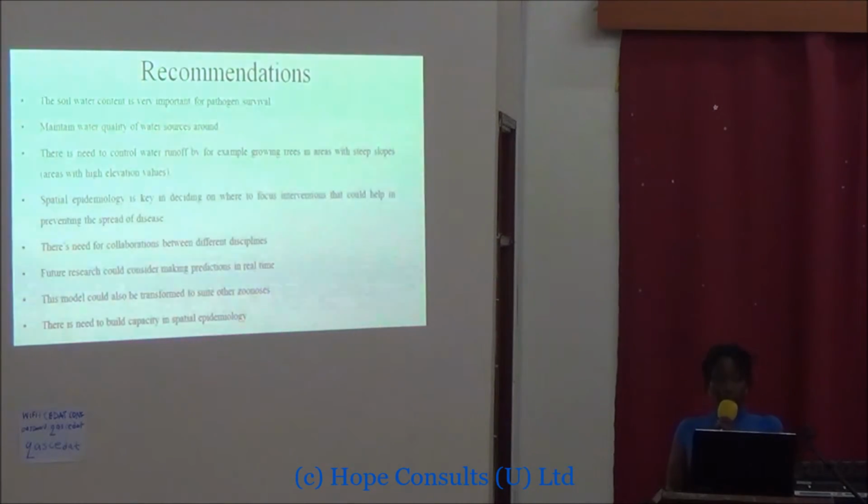There is need to make sure that the water that is used in the industries and the water that is used in irrigation is very clean. And because the slope contributed a lot, there is need to ensure that soil water runoff is controlled.